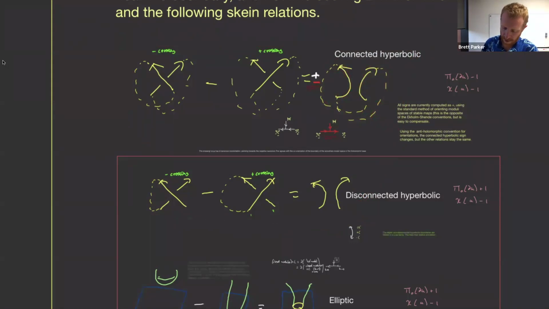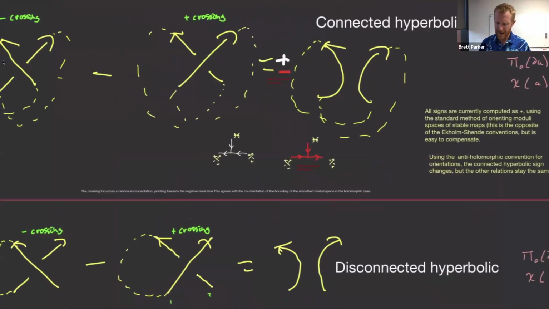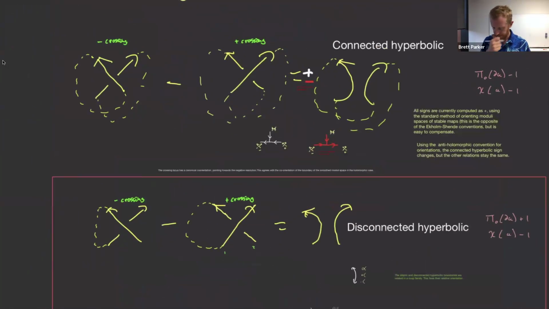The other one, when you resolve it, gives you something disconnected. So why do we need something like this to get invariant counts of curves?